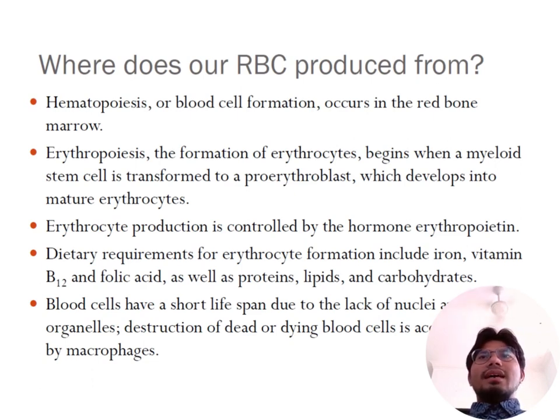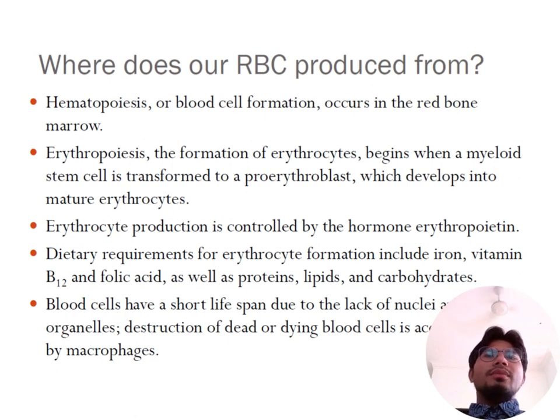Another process under hematopoiesis is the formation of red blood cells, or erythrocytes. The process begins with the development of myeloid stem cells that are transformed into proerythroblasts that will later develop into mature erythrocytes.